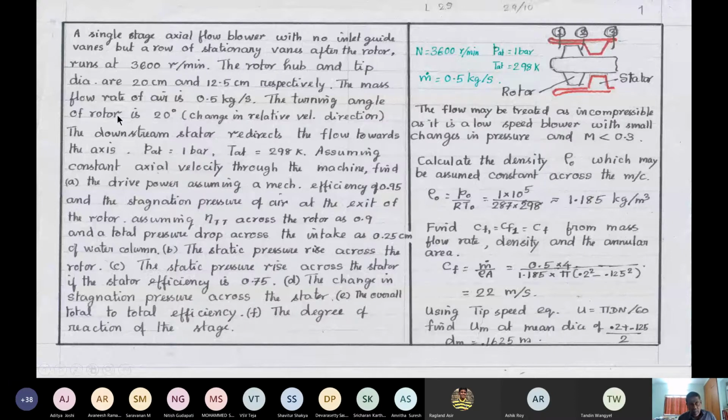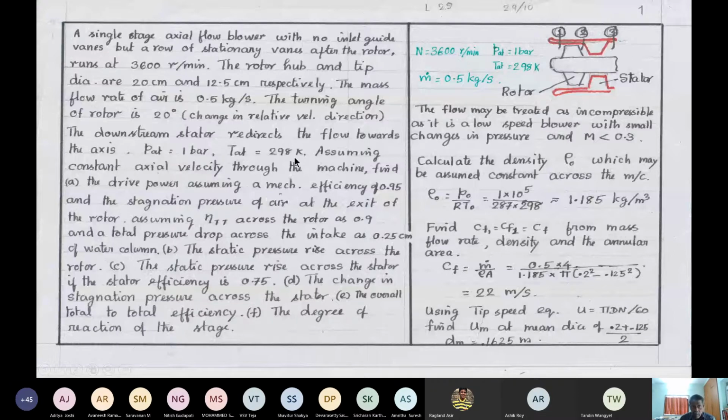The mass flow rate of air is 0.5 kg per second. The turning angle of rotor is 20 degrees, that is change in relative velocity direction. The downstream stator redirects the flow towards the axis. Atmospheric pressure is 1 bar and atmospheric temperature is 298 K.